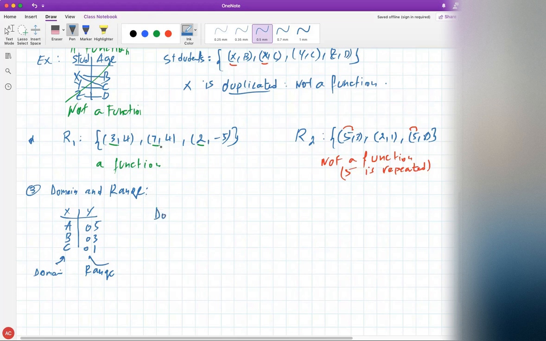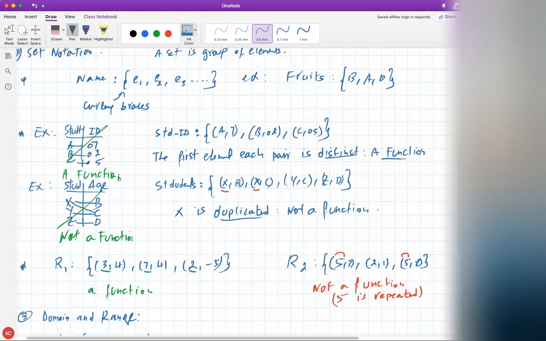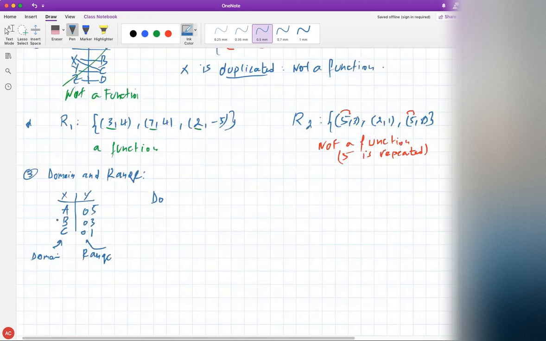So again, for set notation, you're going to need a name, colon, and all the elements inside curly braces. So first one here, the first set. We're going to write both in set notation. So we're going to need a name. The name is domain.